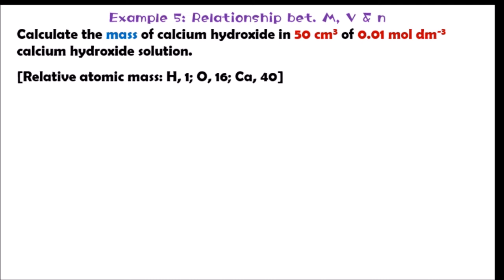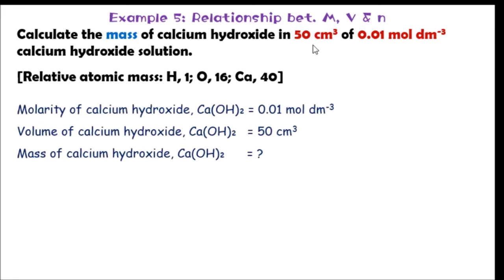What is the information you have? The information you have is molarity. You need to remember mole per dm cube is the unit for molarity. So you will have molarity of calcium hydroxide is 0.01. Volume, you also have, is 50 cm cube.